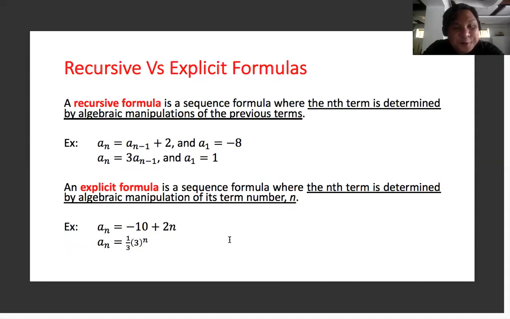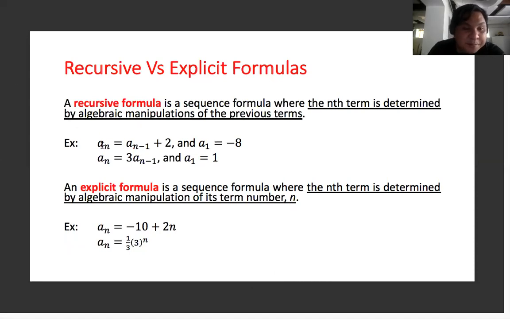A recursive formula is a sequence formula where the nth term is determined by algebraic manipulations of the previous terms. To create a recursive formula, you have to define a later term by an algebraic expression in regard to its previous terms.